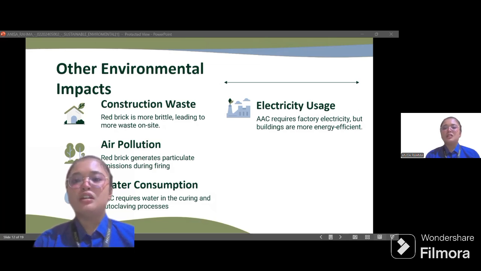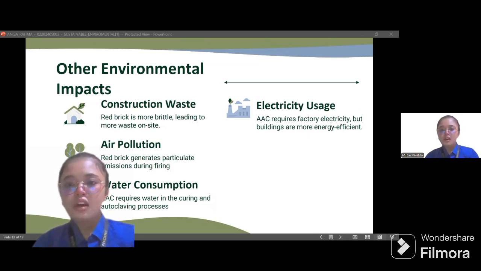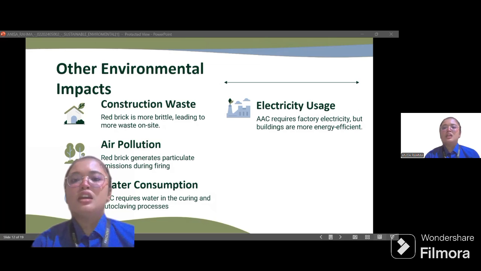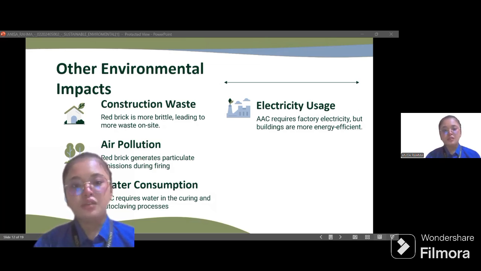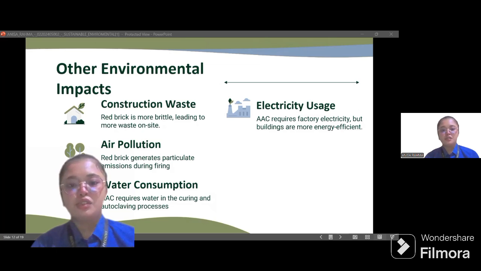However, despite the relatively high electricity used during production, buildings using AAC blocks tend to be more energy efficient in the long run due to their excellent thermal insulation properties, reducing the need for heating and cooling. This references Green Gems 2022 and EdTech 2023.